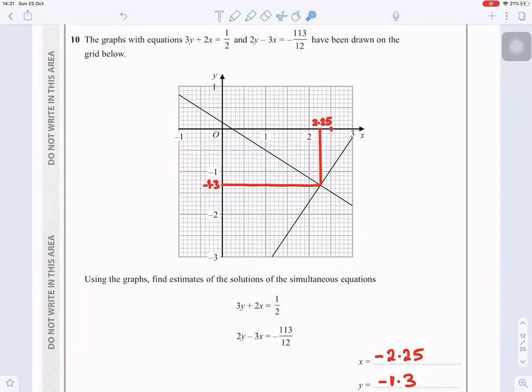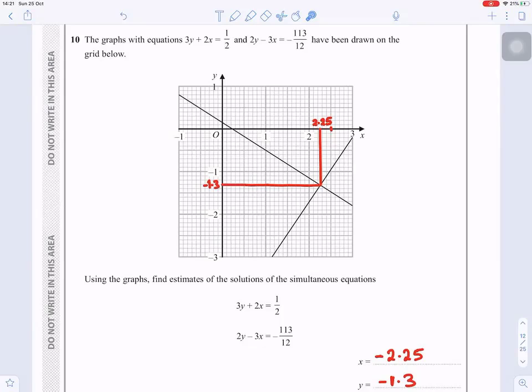To find an estimate, you look for where the graphs meet. They meet at that point in the middle there. If you go up, it would be 2.25 for x. And if you go to the left, minus 1.3.